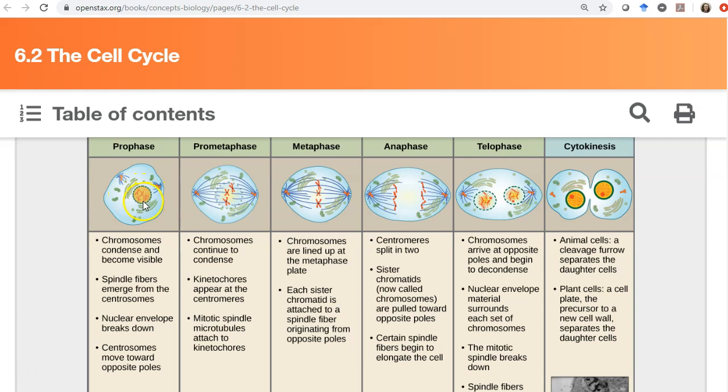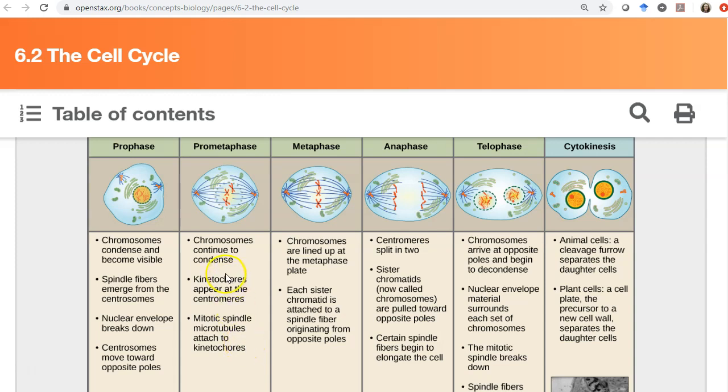So in prophase, the nuclear envelope starts to disintegrate, and the cytoskeleton really changes. One thing that I never appreciated when I first learned about mitosis is how important those microtubules are to the movement that's occurring in mitosis.